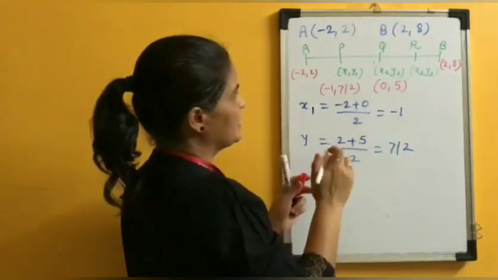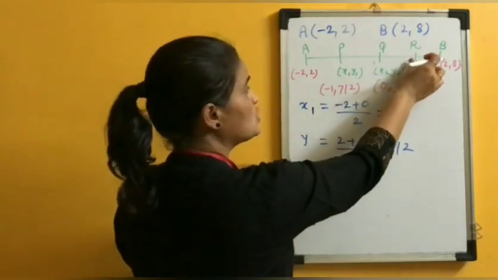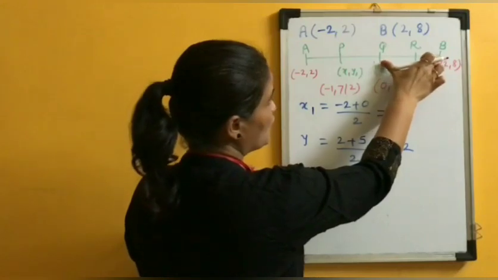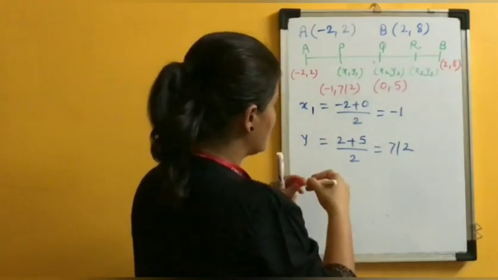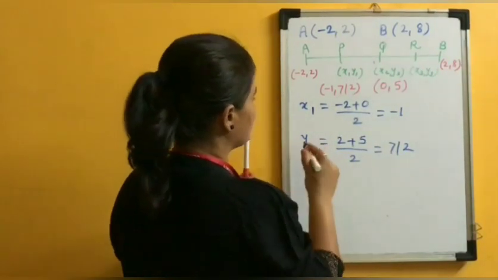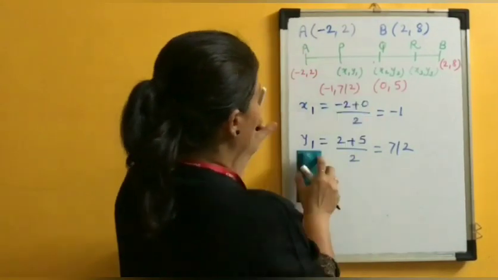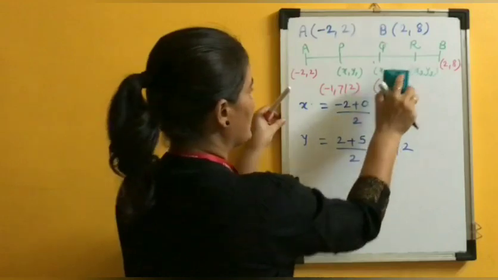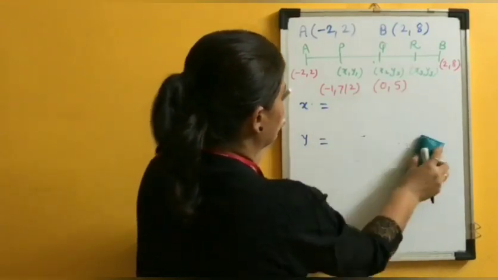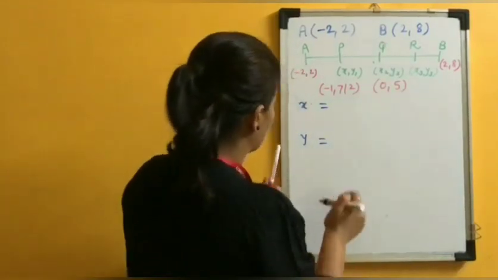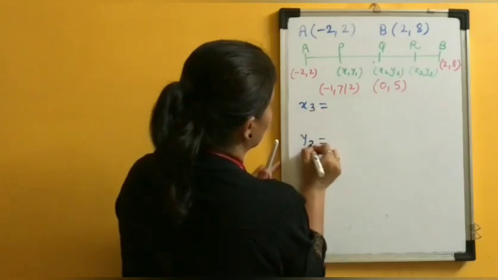And similarly, we can find that R is also dividing segment QB into 2 equal parts. So again, we found P as (x1, y1), and now we find x3 and y3. It's very easy, right friends? You are enjoying? Yes, very good.